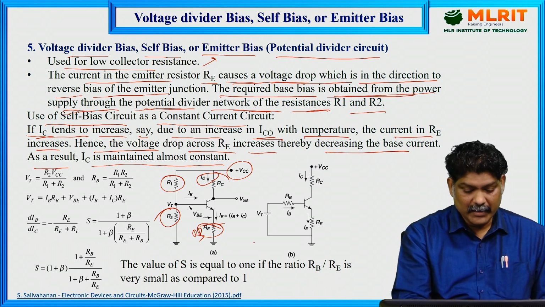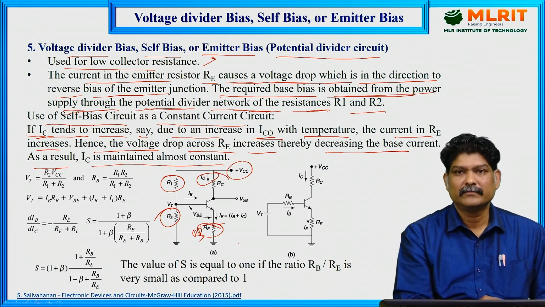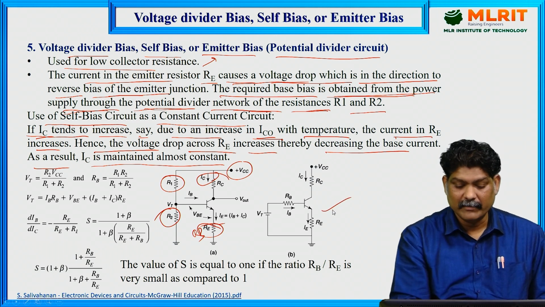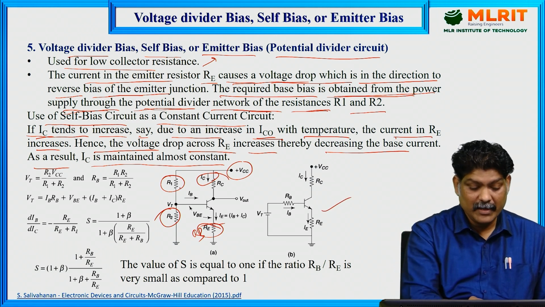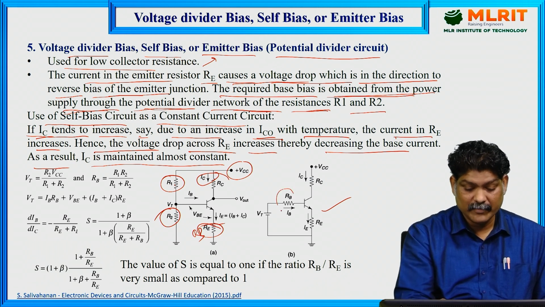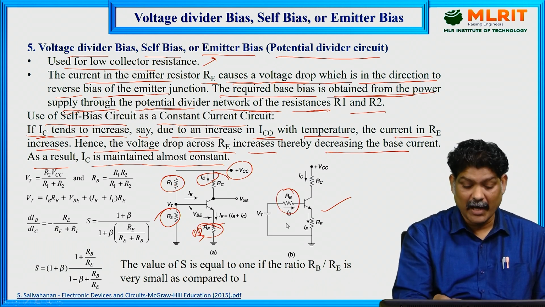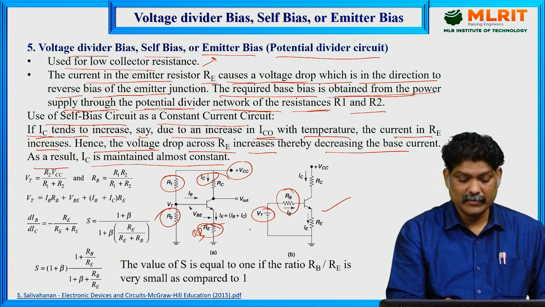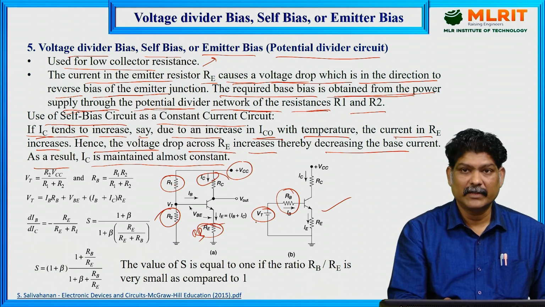To solve this, we have to use the Thevenin equivalent circuit. Here R1, R2 can be written in terms of RB, and it is replaced with an input voltage source VT, the Thevenin voltage.